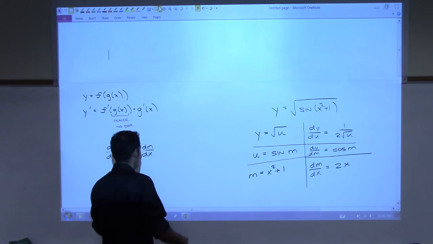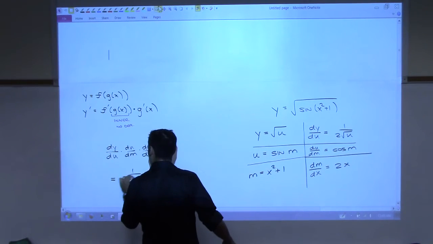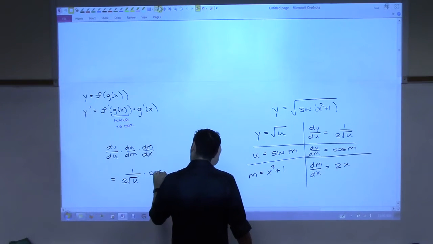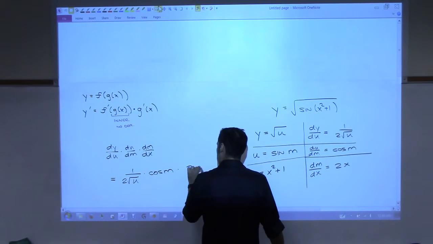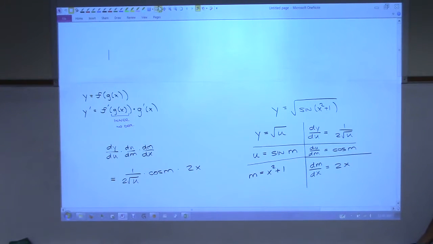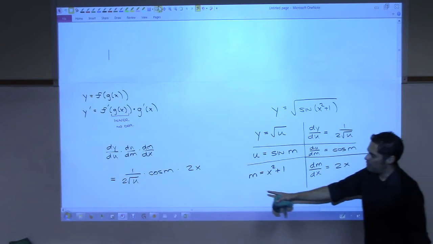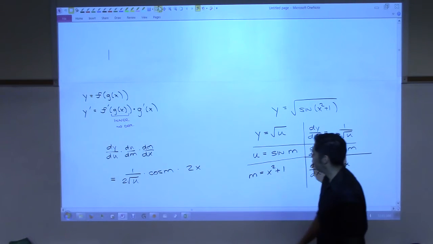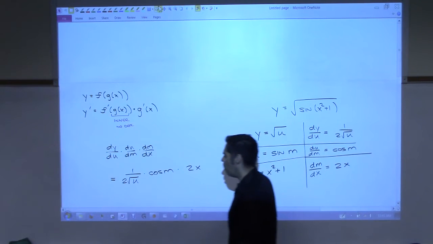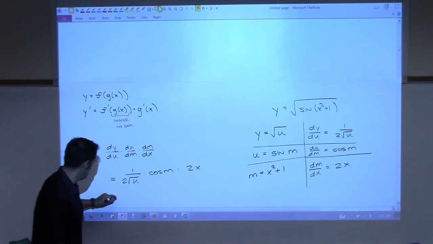So now you have 1 over 2 root u times cosine m times 2x. But now he would have to get everything back to x's. So let's start with this m. What is m? x squared plus 1, right? And while we're doing that, what's this u?